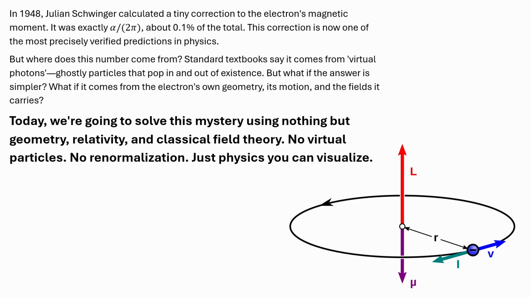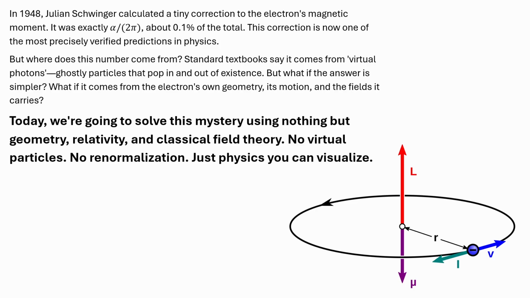So Julian Schwinger calculated that tiny correction based on what is now known as a one-loop correction based on an exchange of virtual photons between charge. I'll come back to that, I'll show that. And yes, this correction is supposed to be one of the most precisely verified predictions in mainstream physics. But where does the number come from?